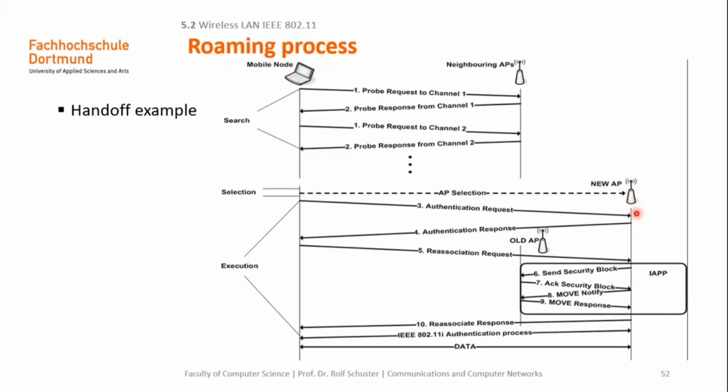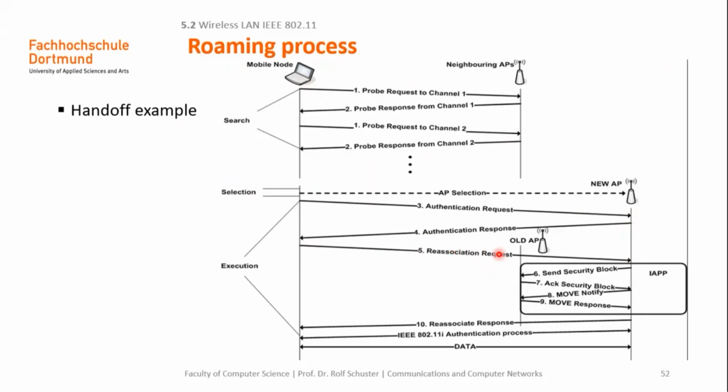Once the access point admits this mobile station, the mobile node exchanges that kind of frame types, a reassociation request.